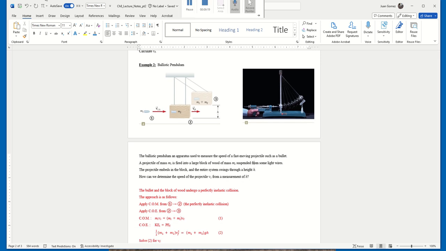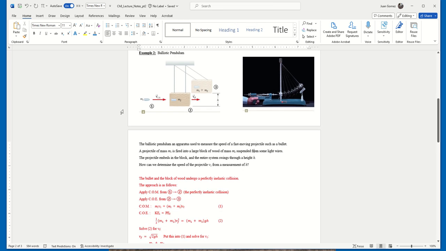The way you approach the ballistic pendulum is you apply conservation of momentum from stage 1 to stage 2, because the bullet and the block undergo a perfectly inelastic collision. Then from stage 2 to stage 3, it's conservation of energy.